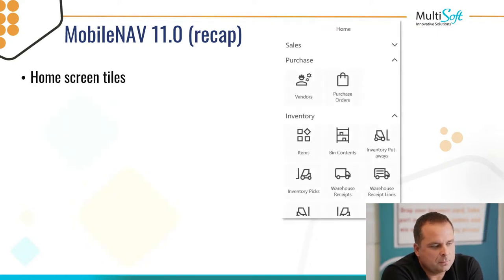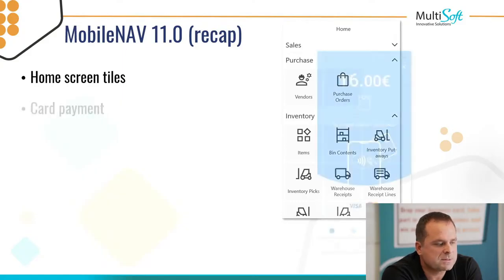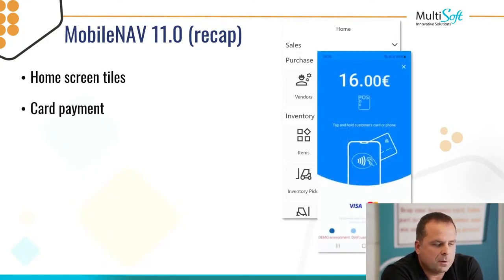If you remember, we had introduced a couple of user experience related features, like the home screen styles. We have made it possible to use the MobileNAV client application as a card payment and combine it with a card payment solution. So from MobileNAV you can initiate a card payment to the external service.